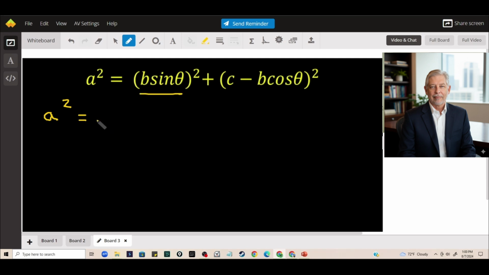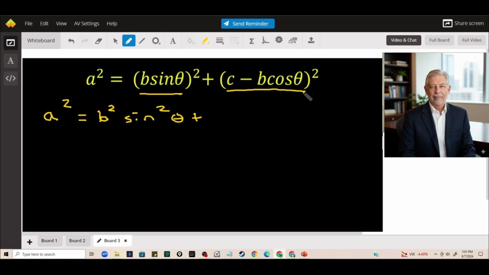This is just B squared sine squared theta. And C minus B cosine theta squared is just C minus B cosine theta times C minus B cosine theta.